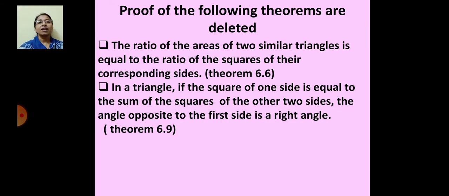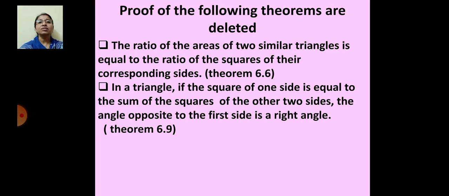Due to these unusual conditions, NCERT has removed or reduced some topics from the syllabus. So let us discuss which theorems are deleted from this chapter. The proofs of the following theorems are deleted. The first one is: the ratio of the areas of two similar triangles is equal to the ratio of the squares of their corresponding sides.